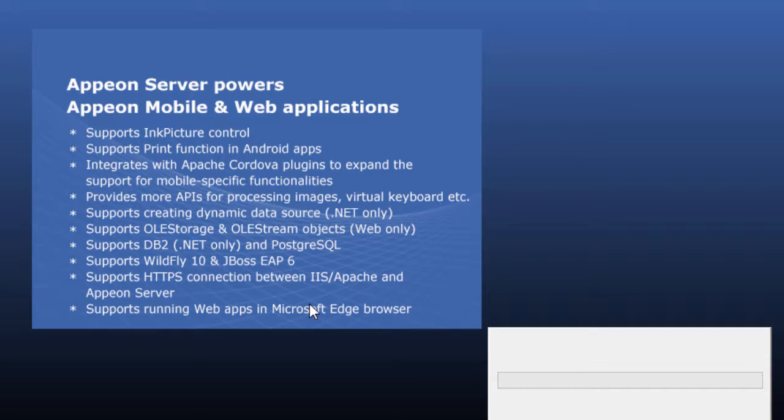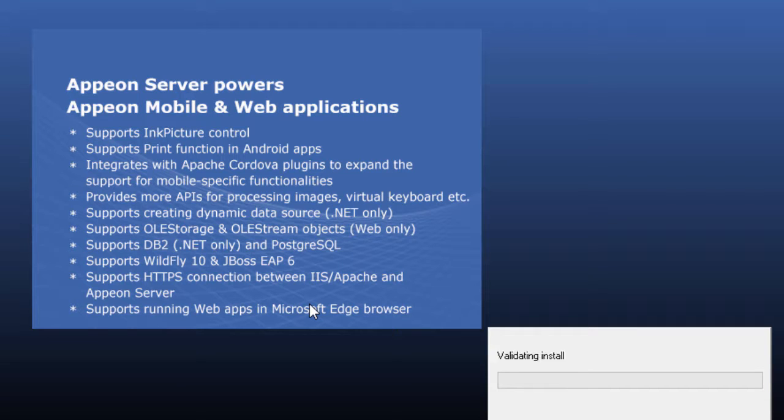Take note of some of the new things that are supported in Appeon 2016, such as the ink picture control, a great control in the native PowerBuilder world. It's wonderful for displaying all sorts of different types of images, JPEGs, bitmaps, PNG files. So this ink control is now supported.